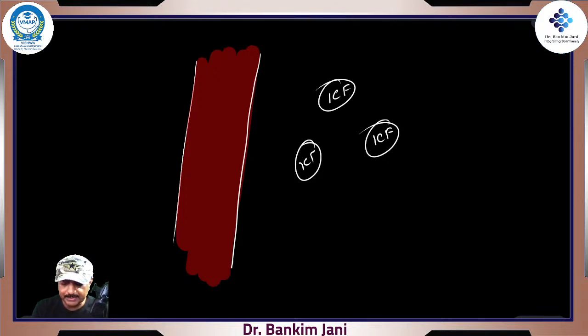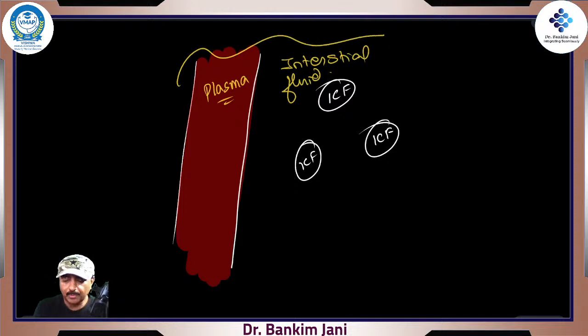The fluid which is surrounding the cells is interstitial fluid, correct? This interstitial fluid is in communication with the vessels or the capillaries, and this is the plasma. The combination of these two, plasma plus interstitial fluid, is ECF, the fluid which is outside the cell.